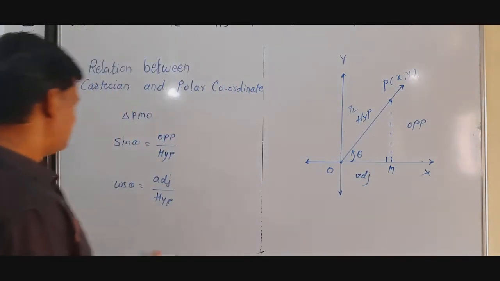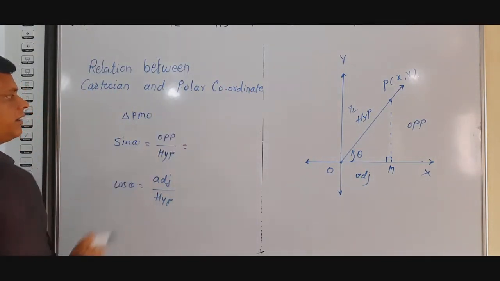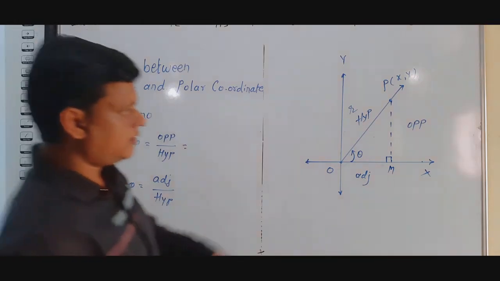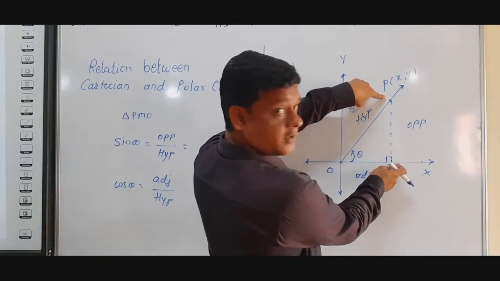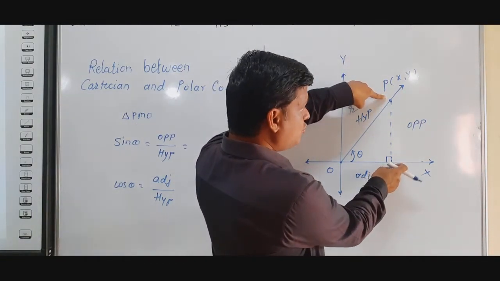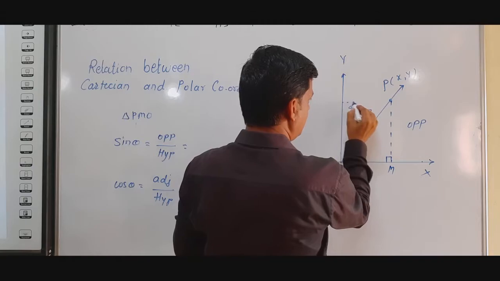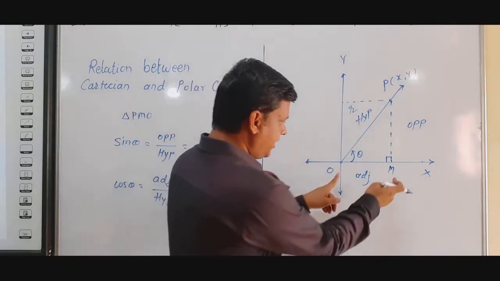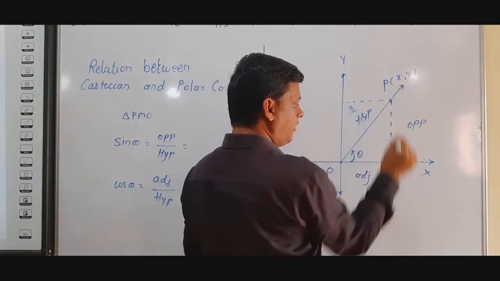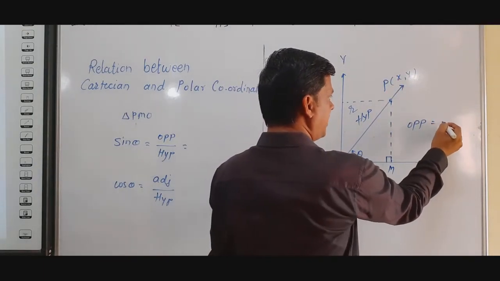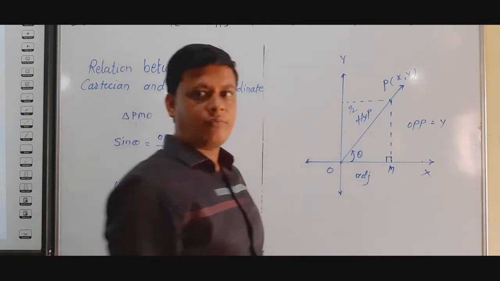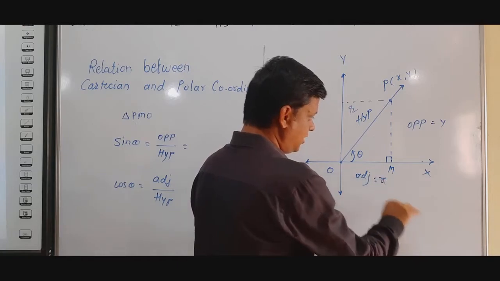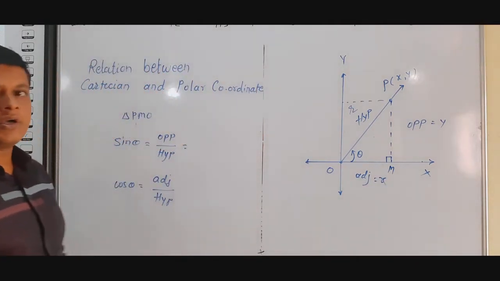Now, if we replace the value of the opposite side, this must be equal to the y coordinate, and the adjacent must be equal to the value of the x coordinate. So opposite side is equal to the length of y coordinate, adjacent side is equal to the length of x coordinate.